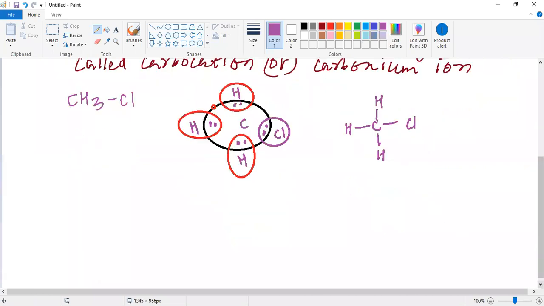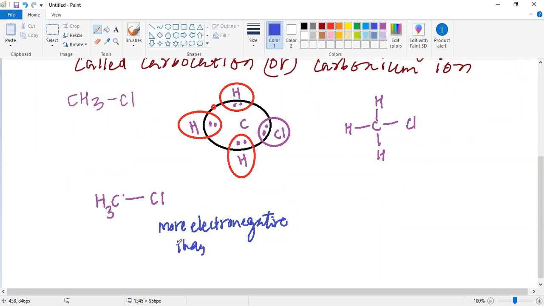Now what happens in this CH3Cl? If you write it this way, CH3, then we have a bond and then we have Cl. Cl is more electronegative than carbon. So there are 2 electrons present in the bond.